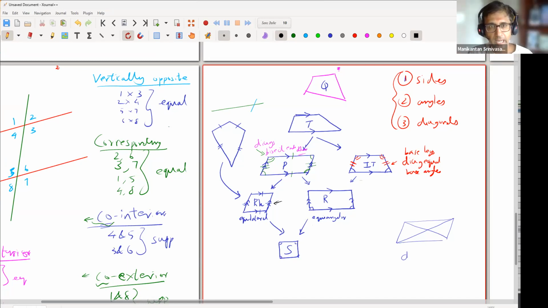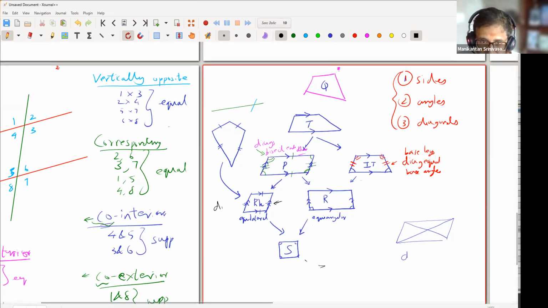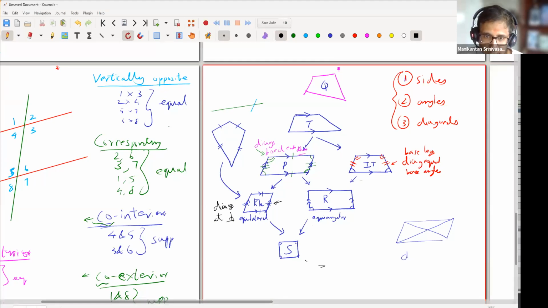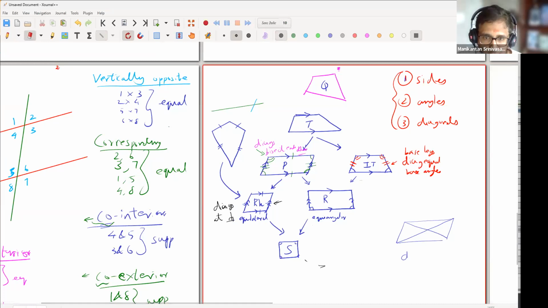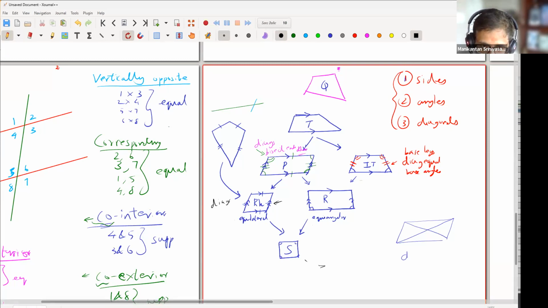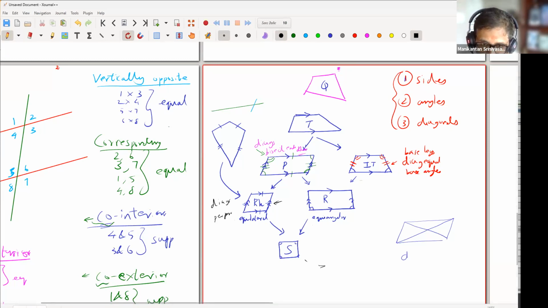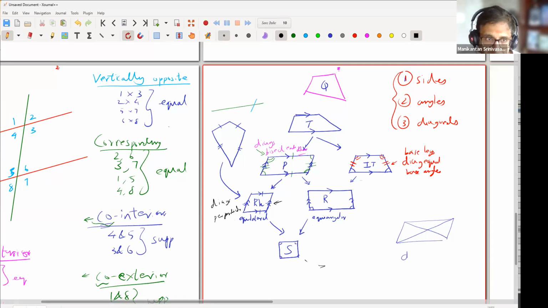Bisecting each other happens even in a parallelogram, but diagonals in a rhombus are at 90 degrees. So diagonals at 90 degrees, are perpendicular, right? I'll just say diagonals are perpendicular, fine. Diagonals perpendicular. Okay, are diagonals perpendicular in a kite, Sana?